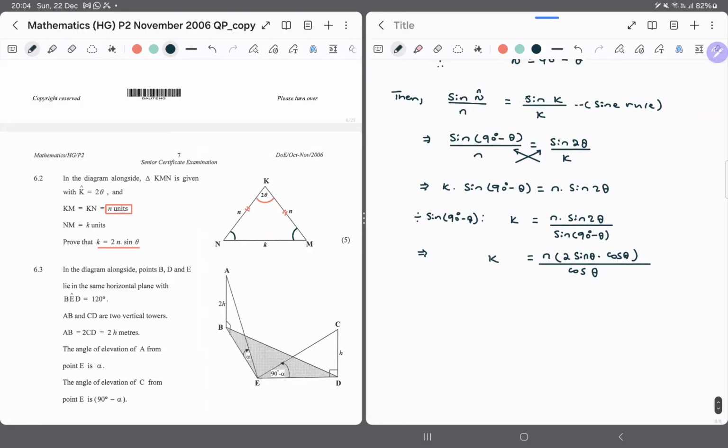Great. This is a product, so cos theta will take cos theta. Therefore, we can make a conclusion that indeed k is 2n sine theta.